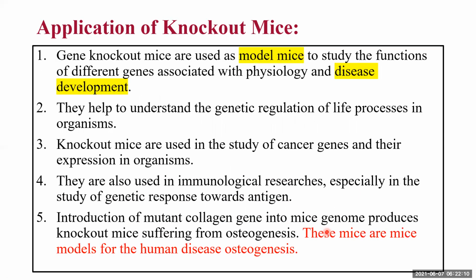All right. What is the application of knockout mice? Why do we prepare all these knockout mice? Gene knockout mice are used as model mice to study the function of the genes associated with physiology and disease development. Here we study what deficiency diseases, what genetic diseases, can develop in the mouse when the functional gene is replaced.